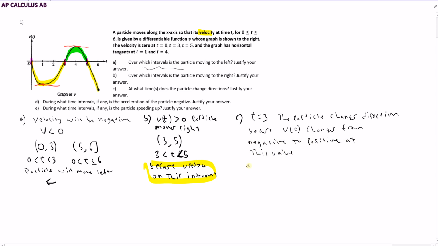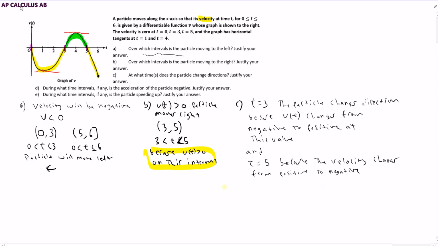And also t equals 5, because v of t changes from positive to negative, right? It's switching directions because it was going positive, now it's going negative. All right, let's keep going.